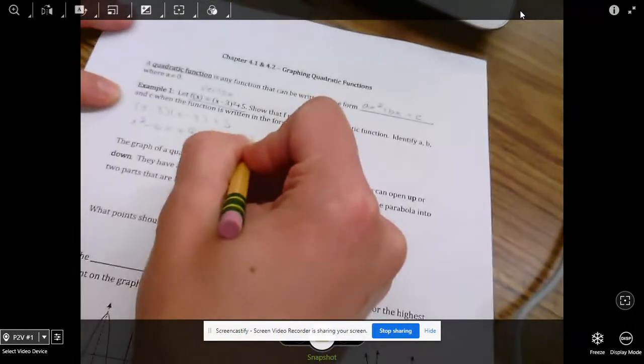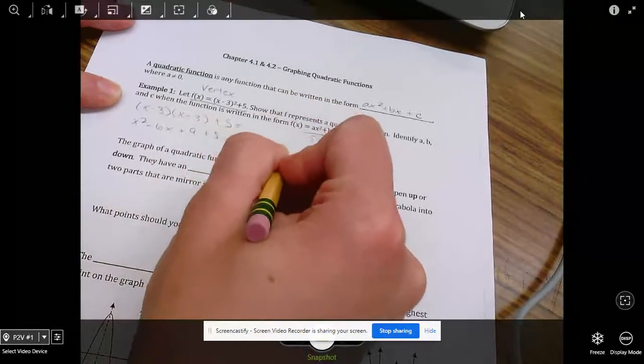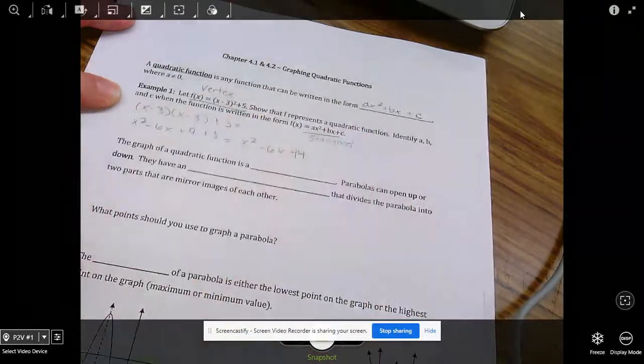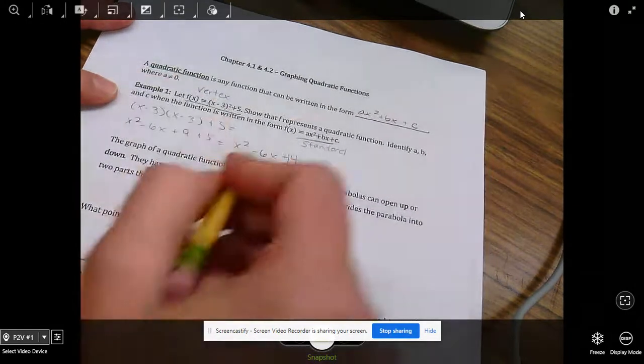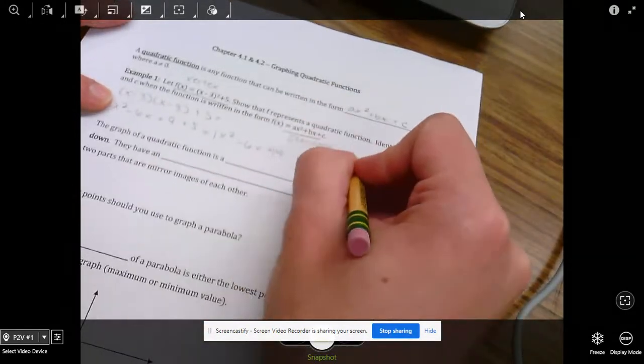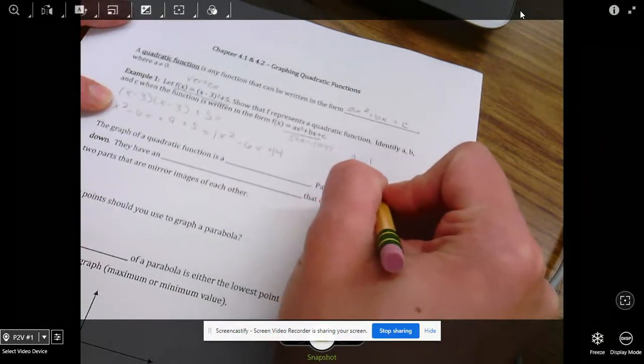And you're going to get x squared minus 6x plus 14. Once you've simplified, it's now in standard form, and it says identify a, b, and c. Well, a is 1, b is -6, and c is 14.